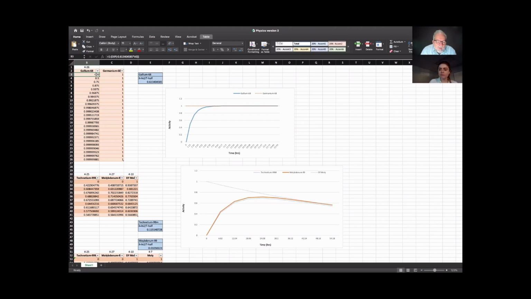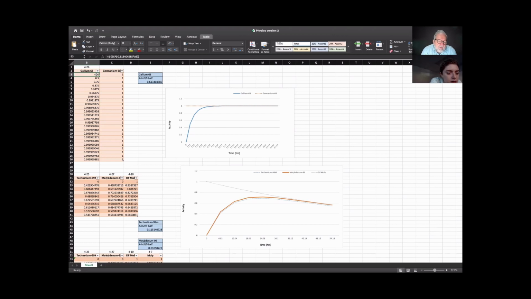Okay. On the basis of the graph, at what point does the activity of gallium equal germanium and stay equal? It's essentially equal quite promptly, by like 5 half-lives, it's almost essentially equal.